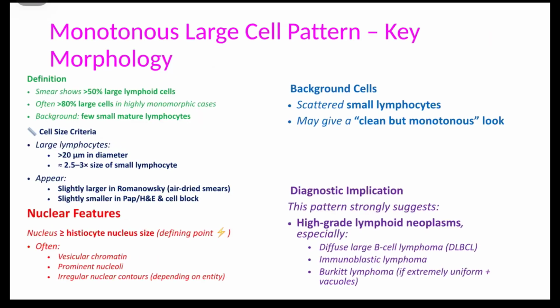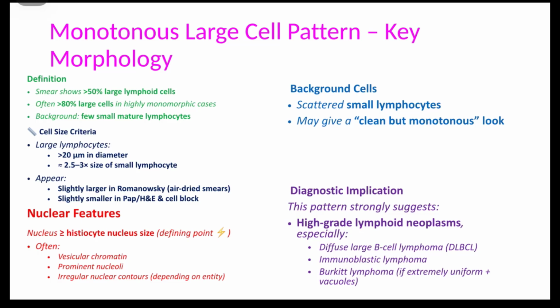So, by definition, smear shows more than 50% large lymphoid cells and background shows very few small mature lymphocytes, and often more than 80% of large cells are seen in highly monomorphic cases. Now, what is the cell size criteria?